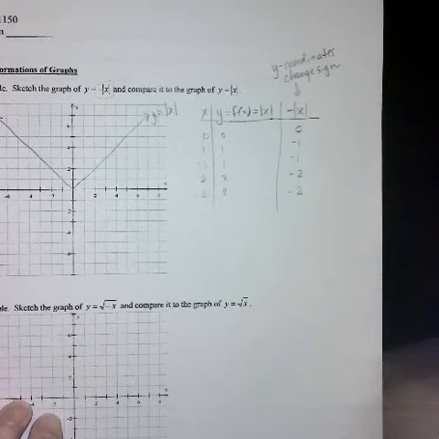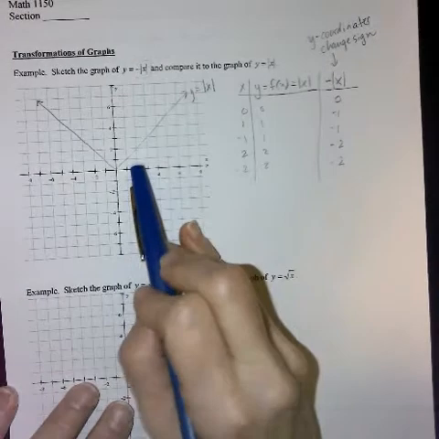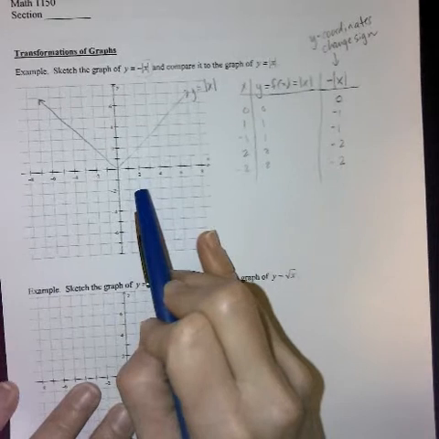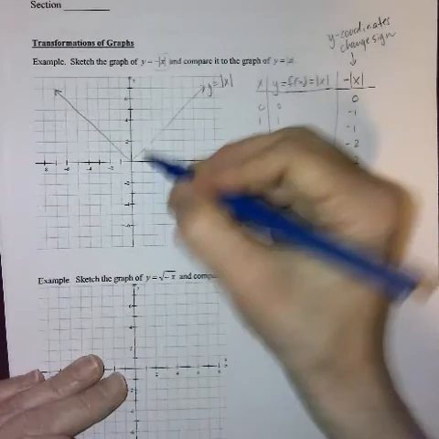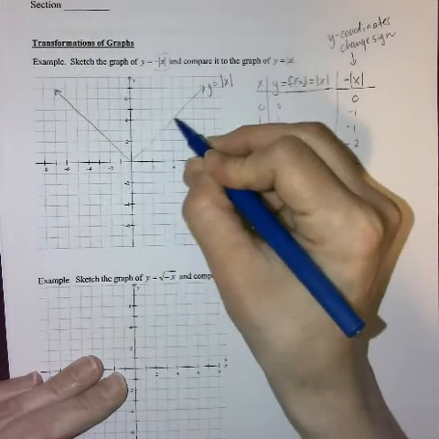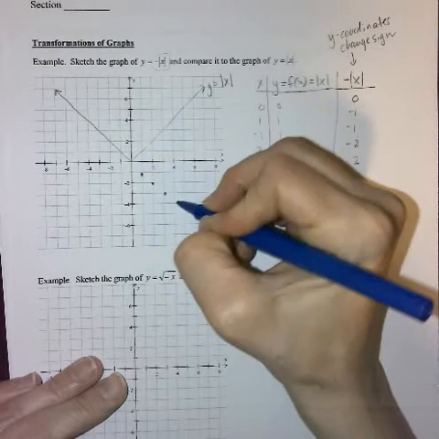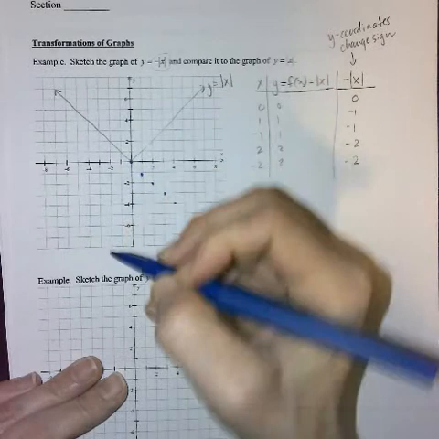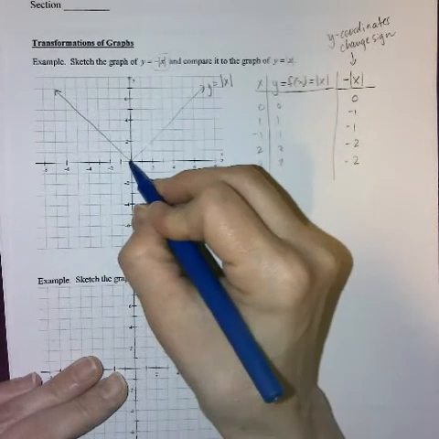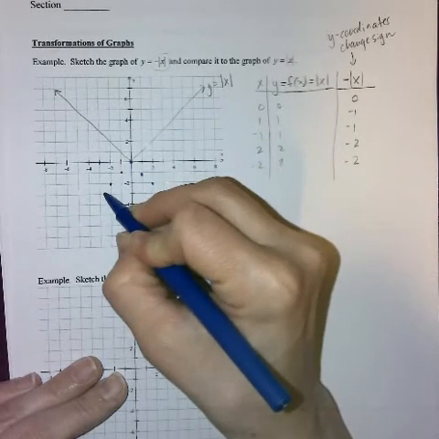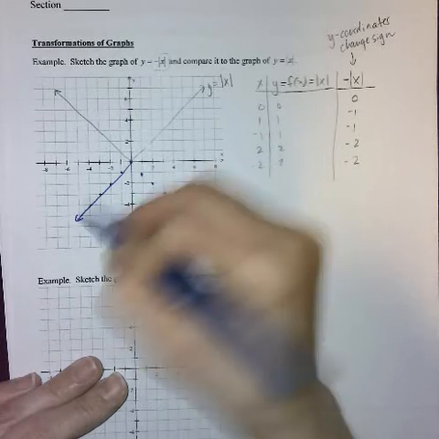And so what happens is for the same x, your y is just the opposite sign. So all of these original y coordinates become negative and come down here. And of course 0, the opposite of 0 is still 0, so that point doesn't move. And so we still get the same shape.